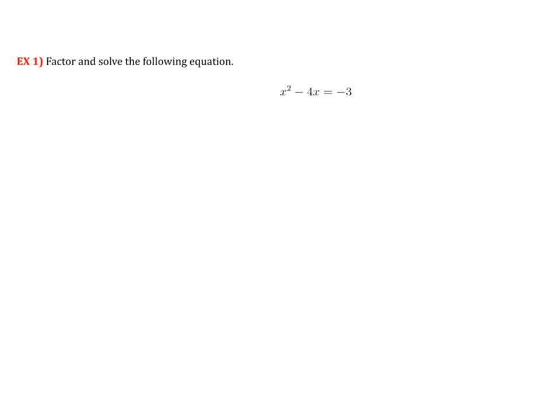And how we're going to do that is we are going to go ahead and just add 3 on both sides of the equation. And when we do that, then we get x squared minus 4x plus 3 is equal to 0. Now, the reason why the 3 does not combine with any of the other terms is, of course, because these are not like terms.